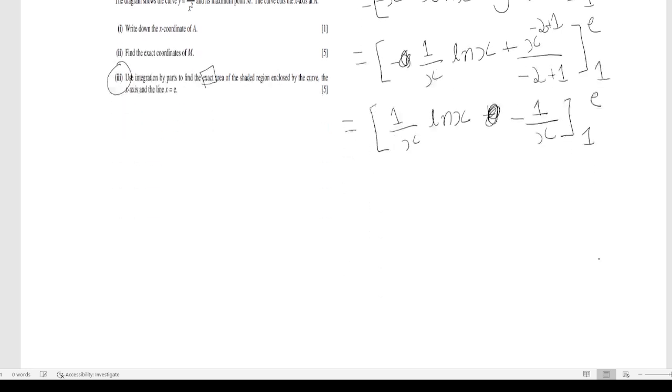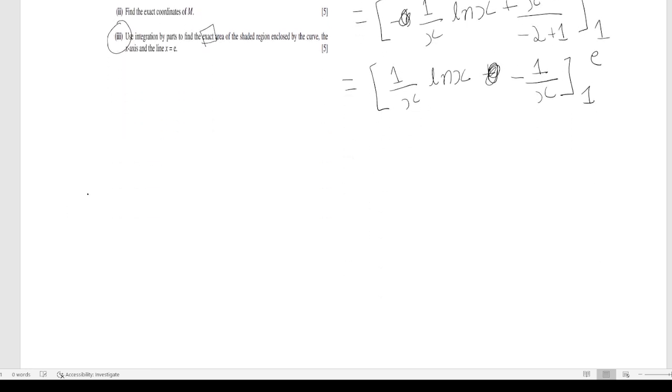So now what are we going to do? We're going to apply the limits, or the bounds, you can say, applying upper and lower bounds.